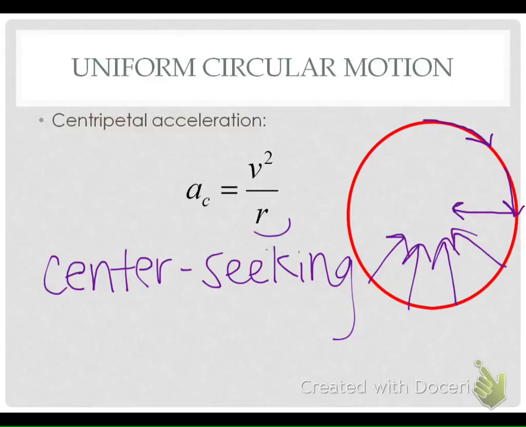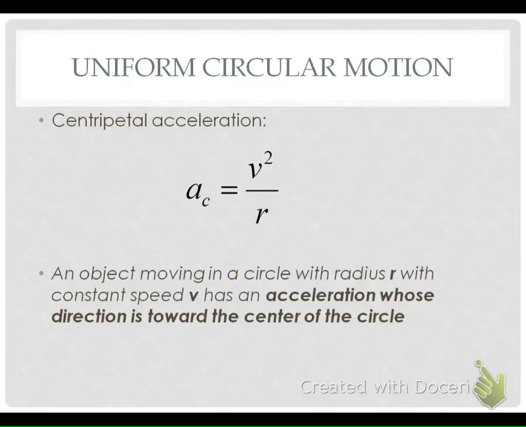Okay, what do you think the R stands for? Radius. Good. The radius of the circle. Okay, and remember that radius of the circle goes from the midpoint out to the edge. Okay. So this is what our equation says kind of here in word form. An object that moves in a circle with a radius of r, okay, and a constant speed, which is v, has the acceleration whose direction is toward the center of the circle.